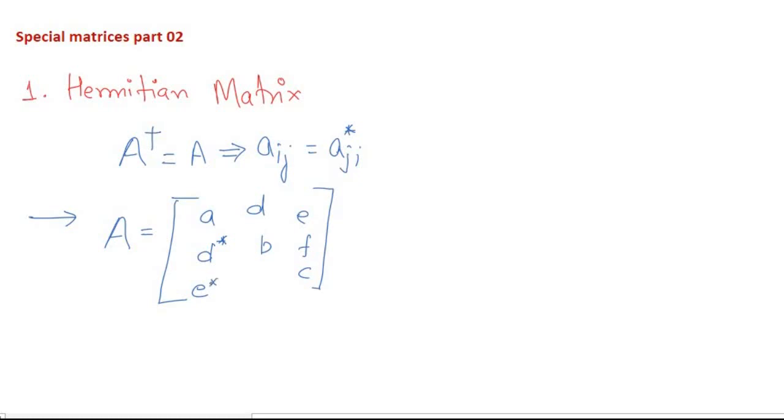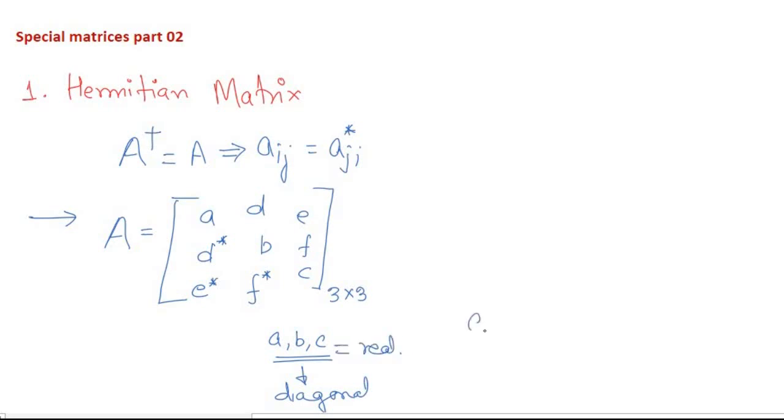Here it is E and its complex conjugate. Here it is F and its complex conjugate. And this is basically a 3 cross 3 matrix, and A, B, C, which are the diagonal elements, are real. Why are they real?